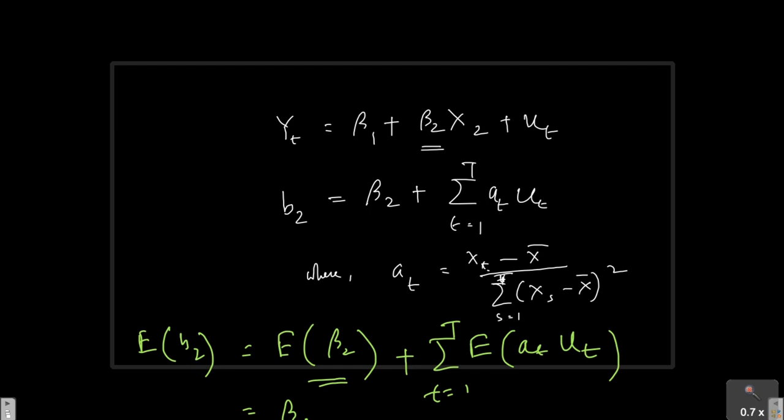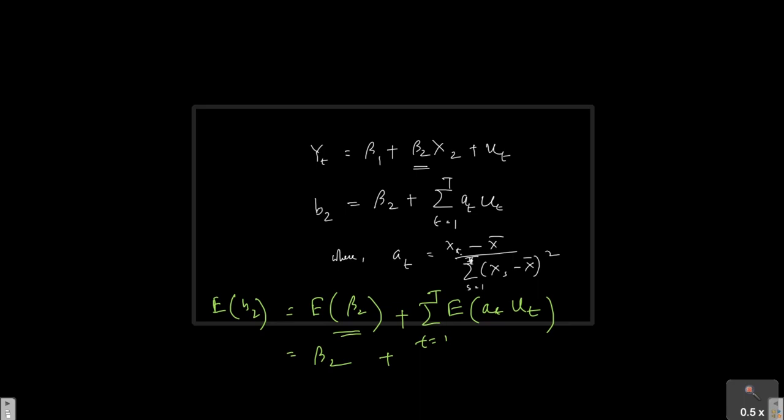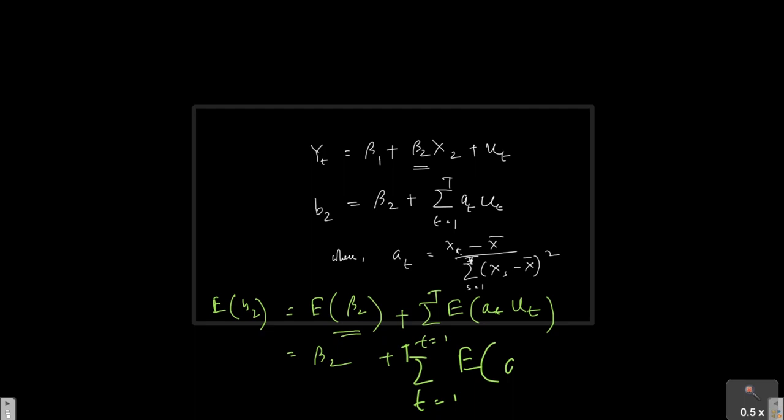But with this one, I am going to write the sum over t equal to 1 to T of the expectation of a_t times the expectation of u_t, and I can do that only when a_t and u_t are independent. Now how can I write that?